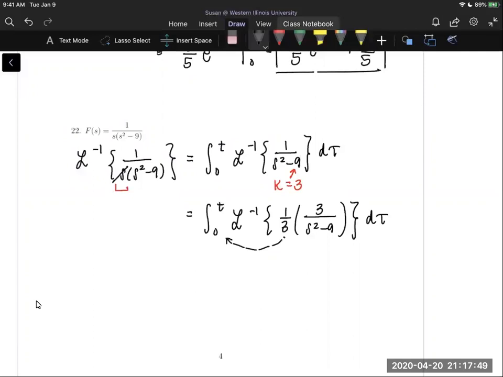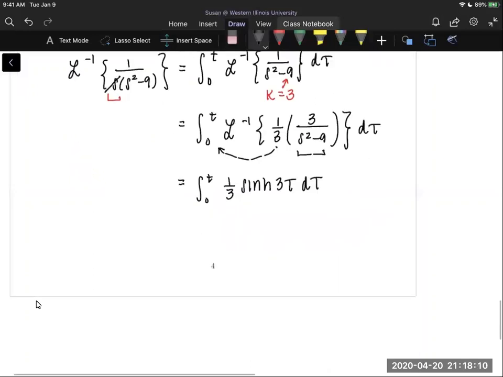But now the inverse transform of this is going to pop out a sinh of 3 tau. So I have the integral from 0 to t of 1/3 sinh of 3 tau d tau. And then finally, we need only take the integral of sinh. If we did a u substitution, we know that we're going to pop out another 1/3, which is going to result in a 1/9.